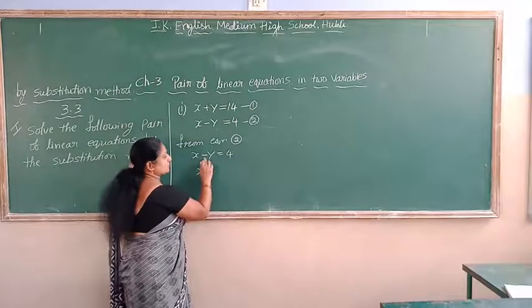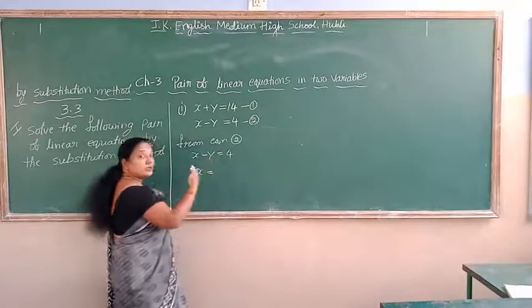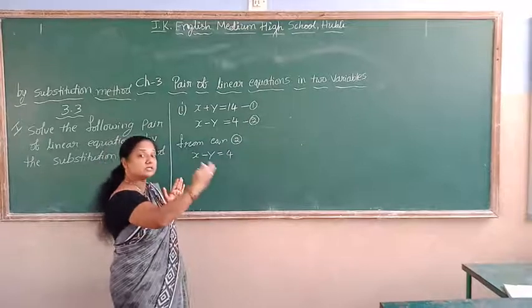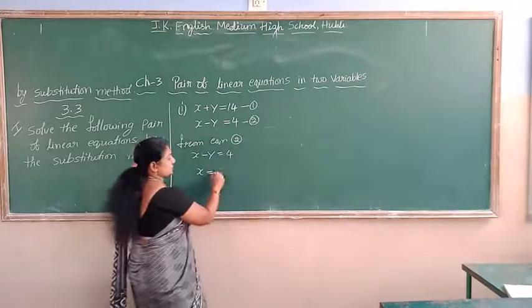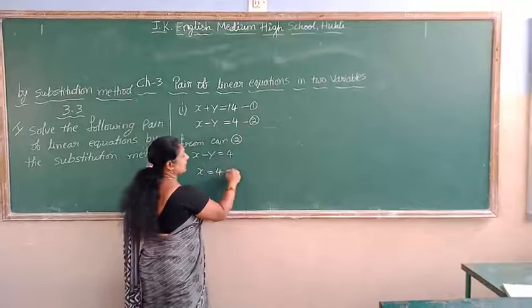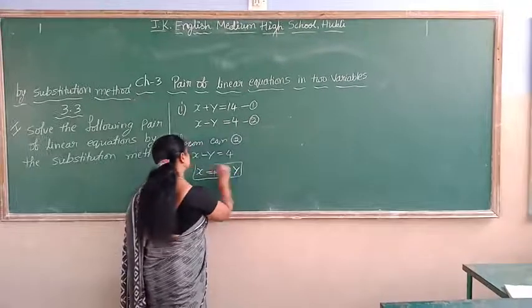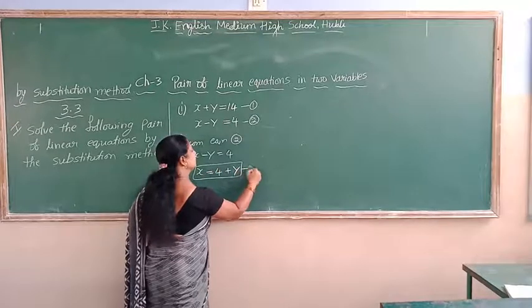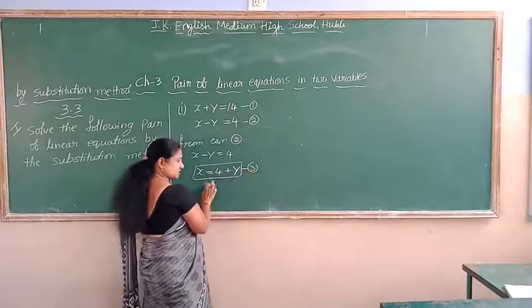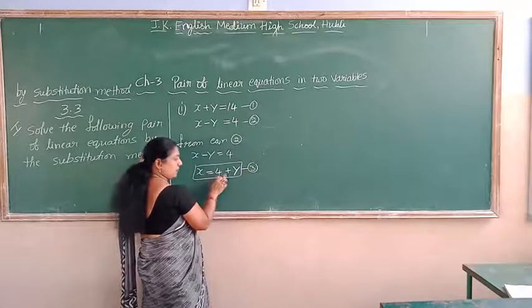So x is equal to, this y goes to that side. Minus y, when it goes from one side of the equal sign to the other side, the sign changes. So minus y becomes plus y, children. You call this equation number 3, x is equal to 4 plus y. So now we got x in the form of y.